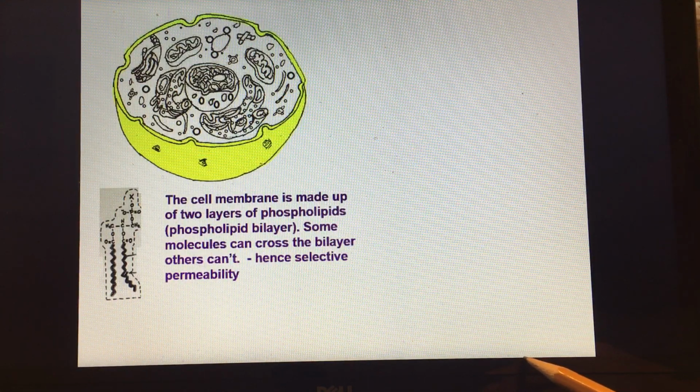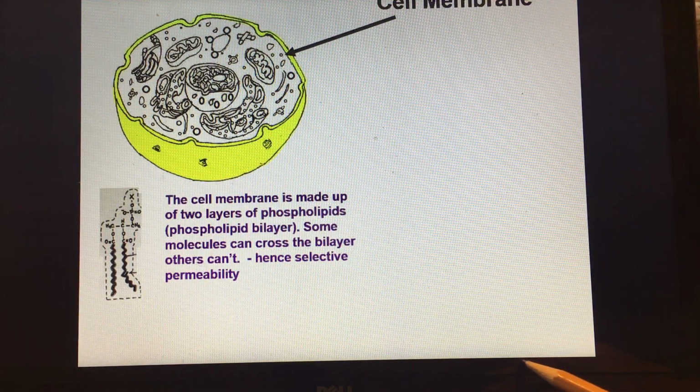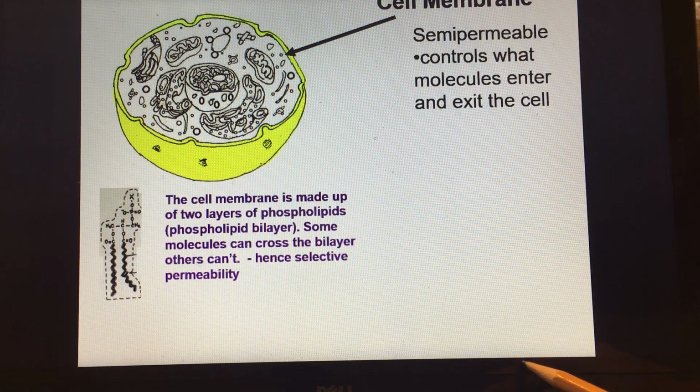So now we're going to talk about the individual membrane-surrounded organelles that are in eukaryotic cells. So the highlighted portion of this diagram, the yellow portion, is the cell membrane. Sometimes you'll hear it referred to as the plasma membrane, sometimes you'll hear cell membrane. But it is semi-permeable, and you'll also hear the term selectively permeable.